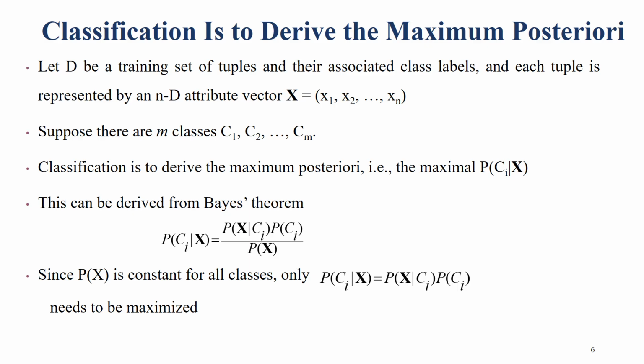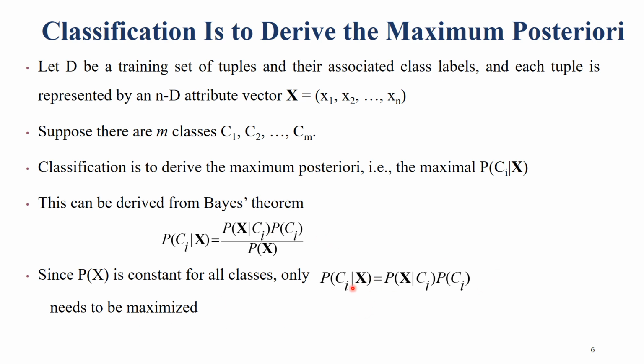Here, the classification is to derive the maximum posteriori, that is the maximal probability of Ci given X. We can derive this from the Bayes' theorem. As far as this theorem is concerned, the probability of X will be constant for all the classes. So only the remaining part needs to be maximized.